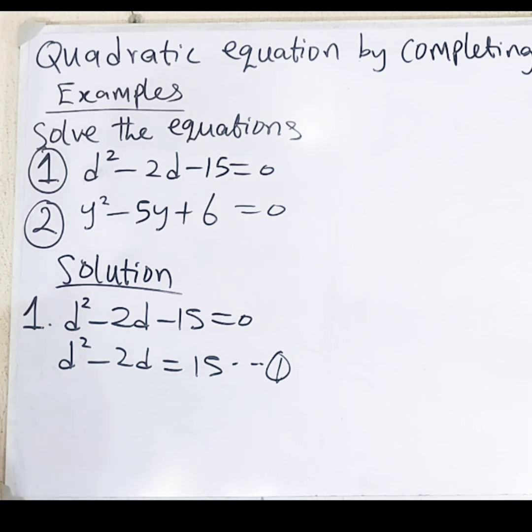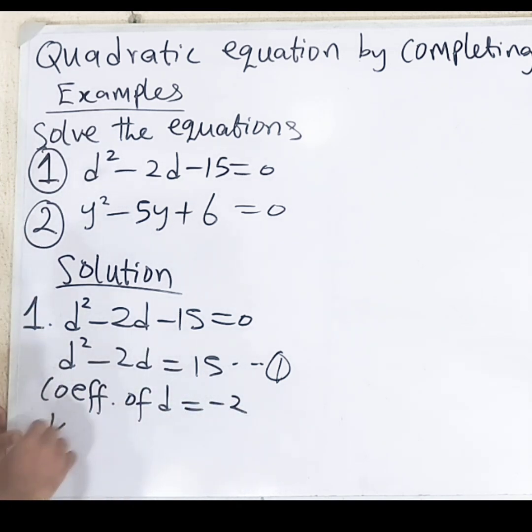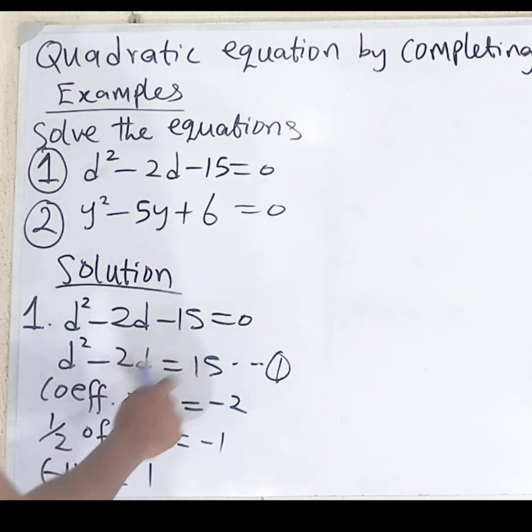The next one is the coefficient of d, which is minus 2. Then half of minus 2 is minus 1. Then minus 1, we square it, it will give us 1. So this one, we are going to add to both sides of equation 1.